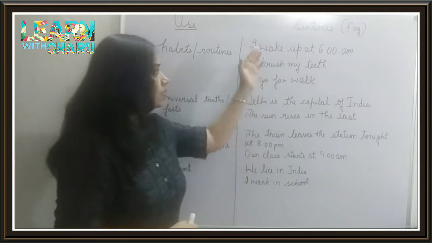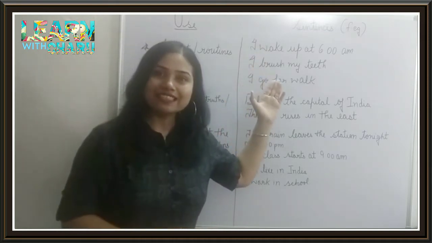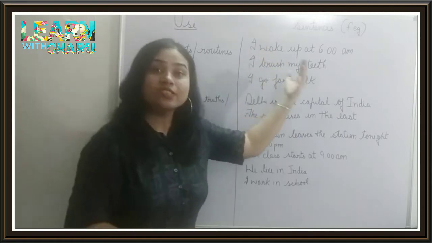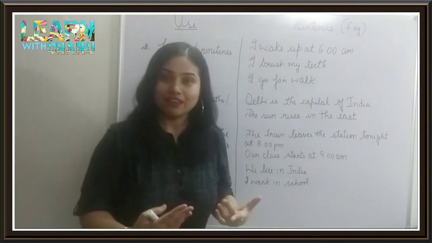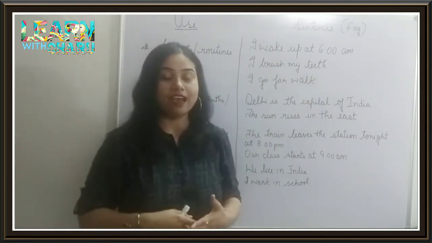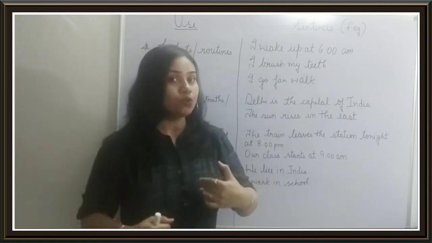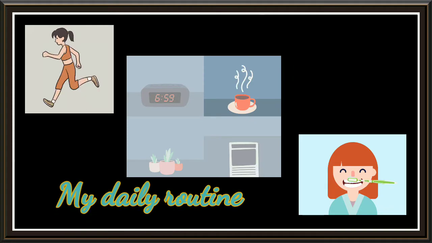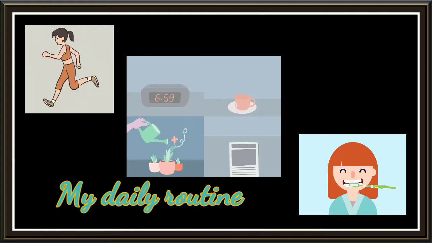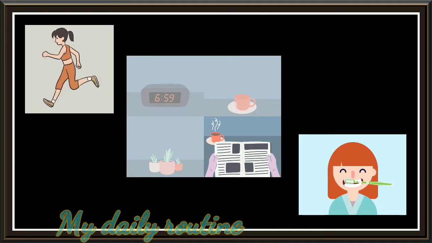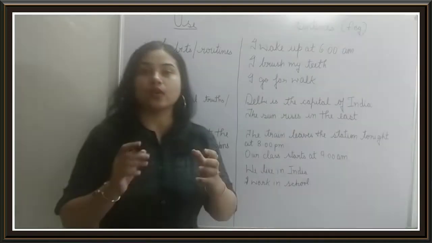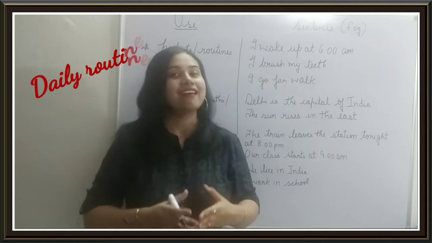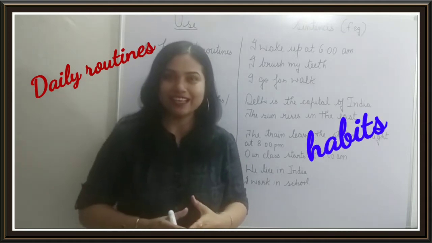Okay, so what is the meaning of these sentences? Here I am talking about my daily routine, my habit, right? I brush my teeth, I wake up at 6, then I go for a walk. We talk about our daily routines and habits, right?